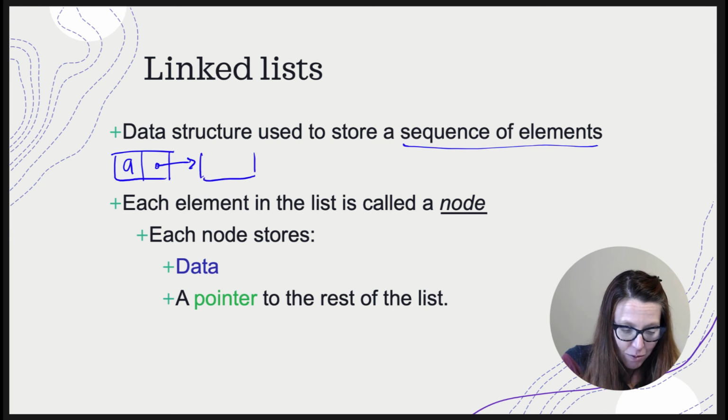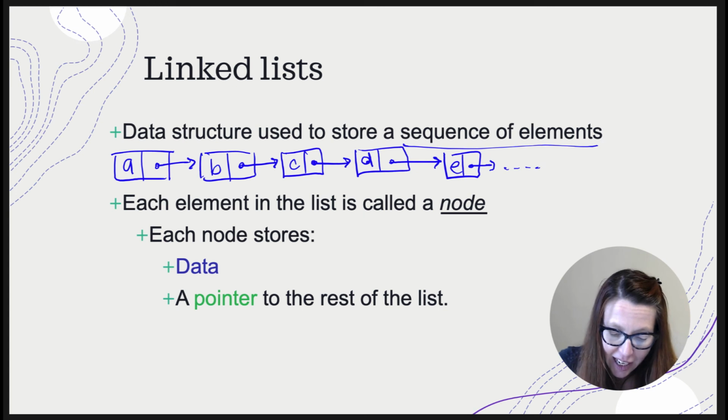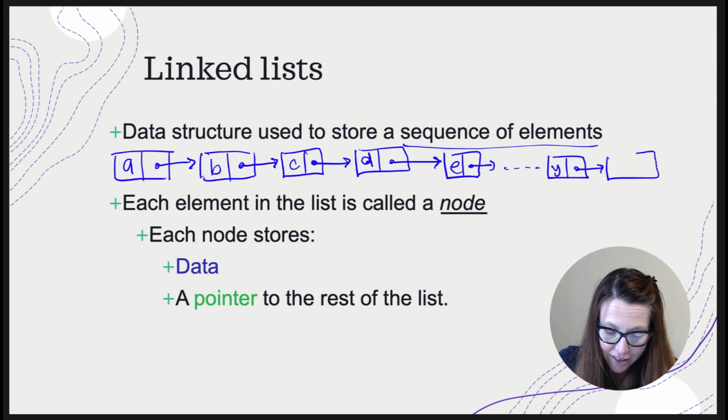The rest of the list is also a linked list, and the next element holds the letter B and a pointer to the letter C, and a pointer to another node that holds the letter D and a pointer, and so on until we finally get to the letters Y and Z.